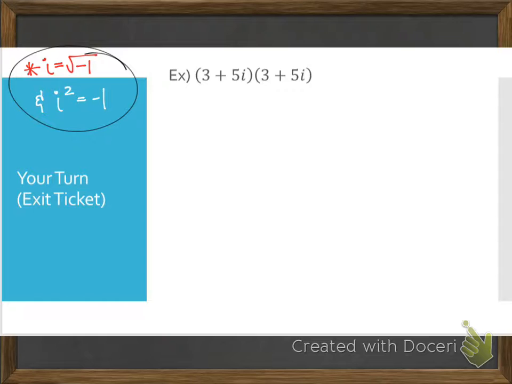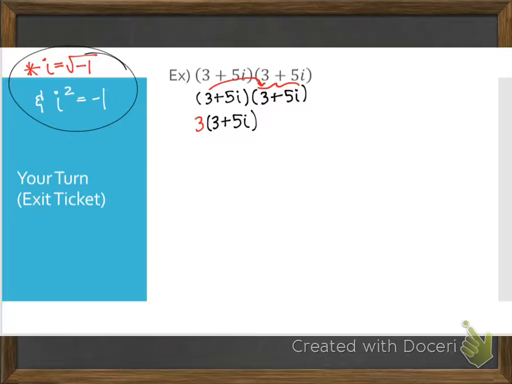These two things are what you need to know in this multiplication. Okay, so we're going to go ahead and multiply this out. So we have 3 plus 5i, and then 3 plus 5i. Remember, what we're going to do here is multiply this 3 times everything over here, so we've got 3 multiplied by the second set of parentheses.